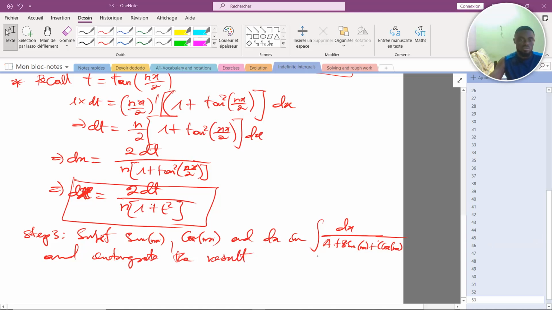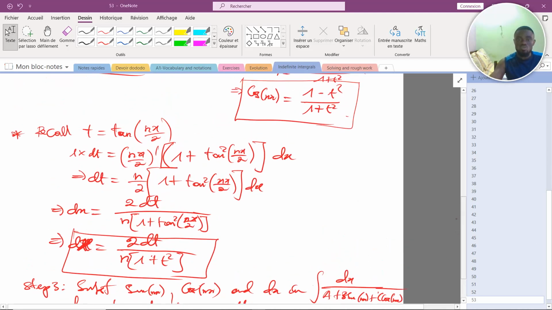You understand? So after integrating the results, your answer will be in terms of what? Because when substituting this, naturally the integral you are doing will be in terms of t. After integrating the result, your result will be in terms of t. But remember that your t was equal to this.